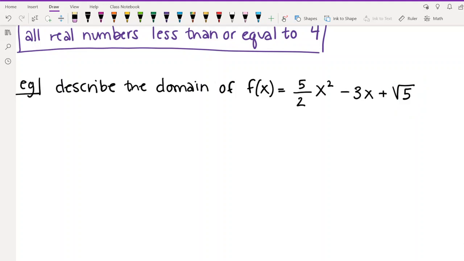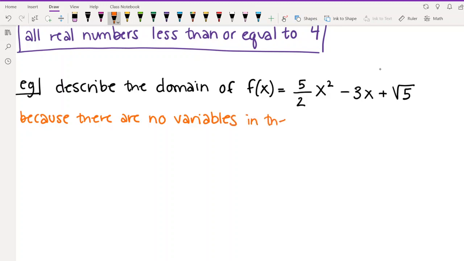And so basically, because there are no variables in the denominator and there are no variables inside a square root, nothing can really go wrong. So, let me use a different color. Because there are no variables in denominators or square roots, nothing can go wrong here.